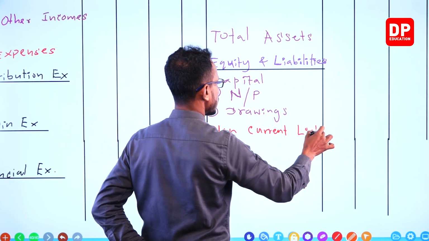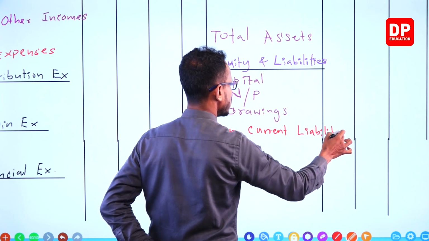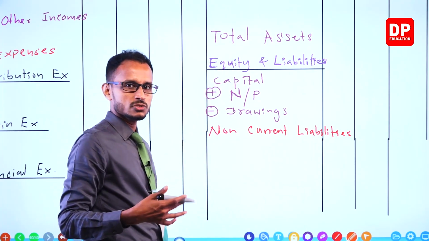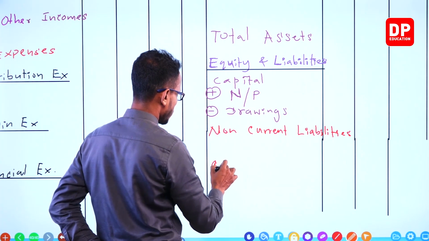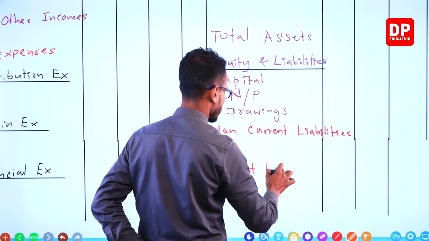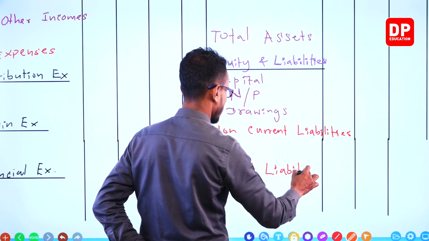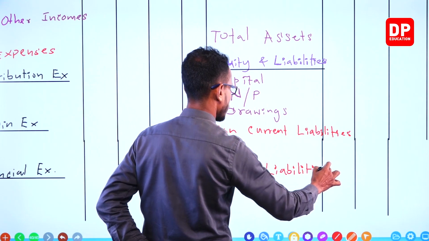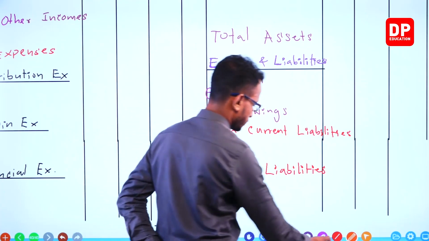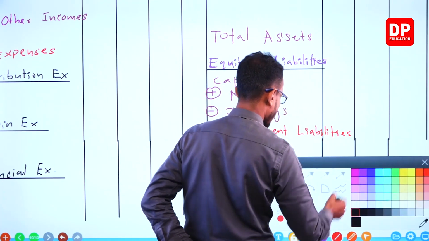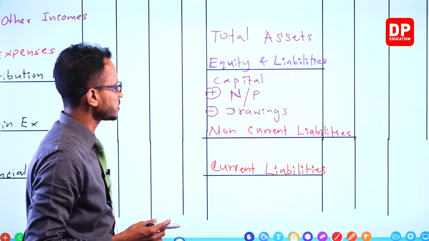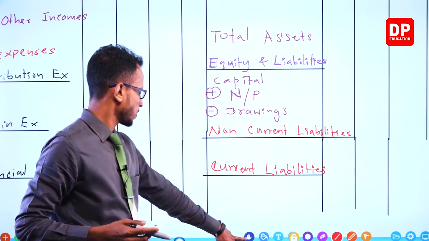Keep like two to three lines for non-current liabilities, then current liabilities. Sections are underlined, so it's easy to recognize.